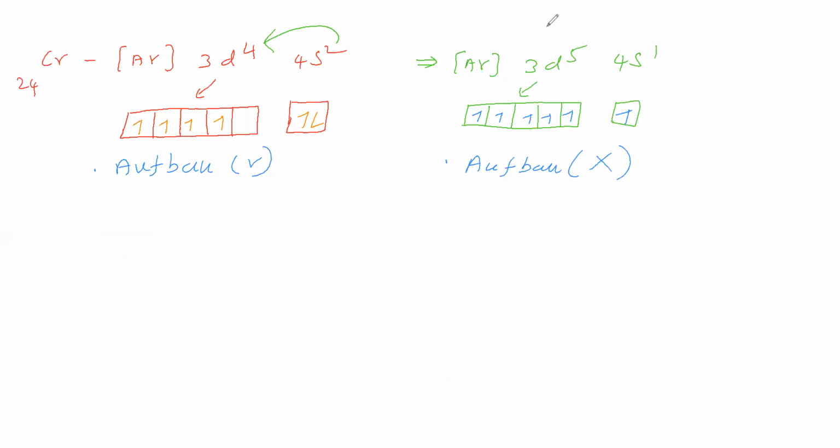Spectroscopic studies reveal that one electronic configuration is correct and the other is wrong. Spectroscopic study says that this electronic configuration is correct, and this one is incorrect. Actually, it is not obeying the Aufbau principle.